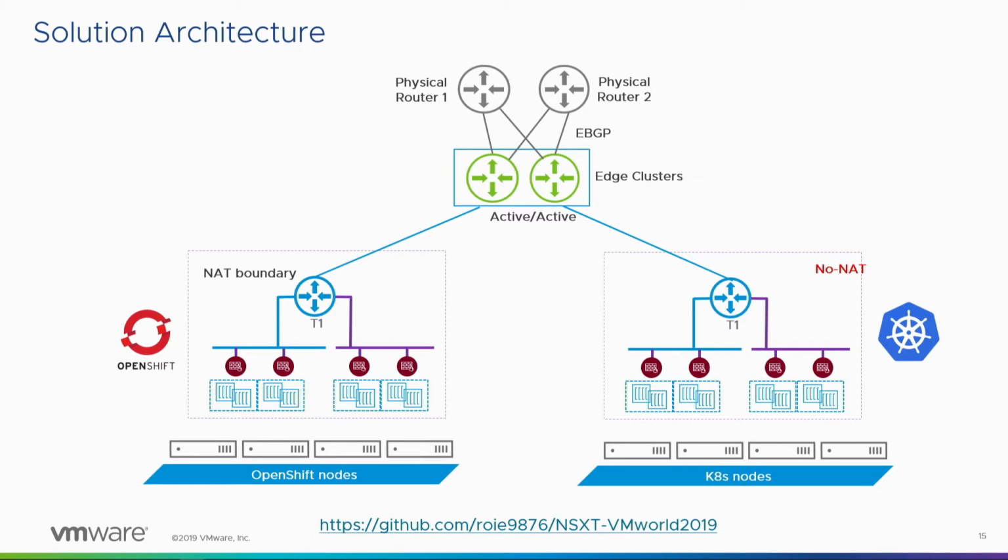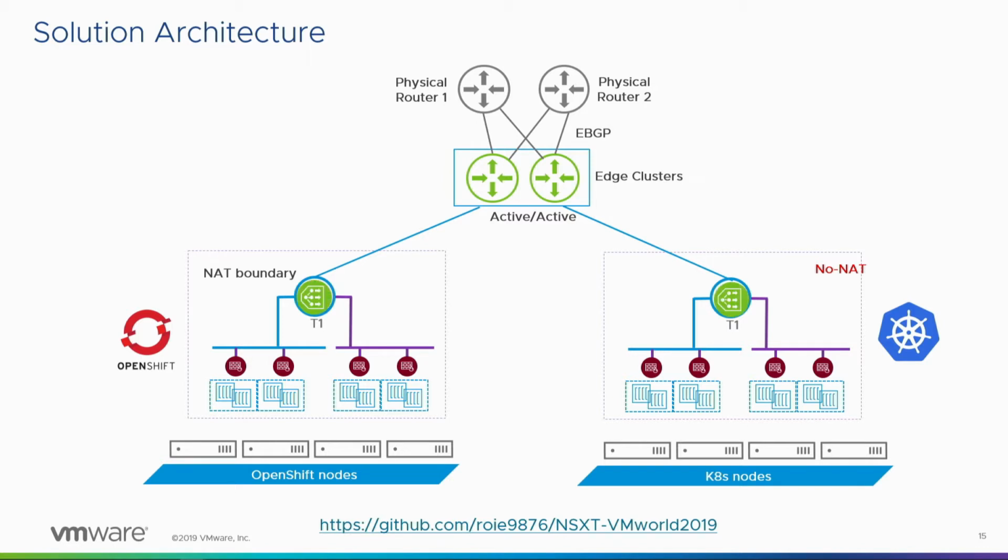To achieve this goal, we will run a single tier 1 logical router. This is the gateway that will serve the OpenShift cluster. It's a single one, and all the namespaces will be created as logical switches. The same concept applies for Kubernetes. It's a single shared tier 1 gateway.